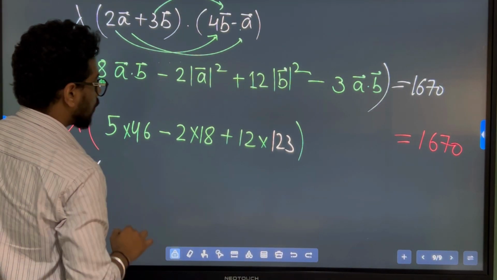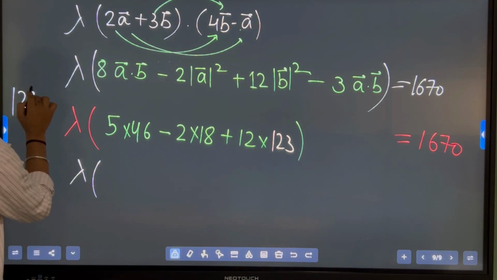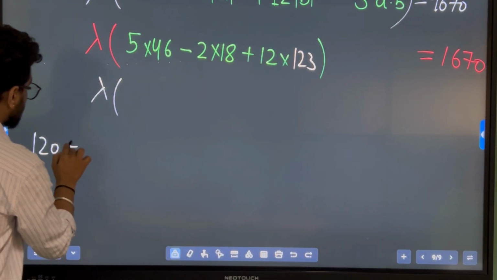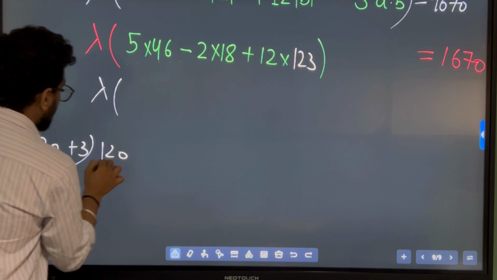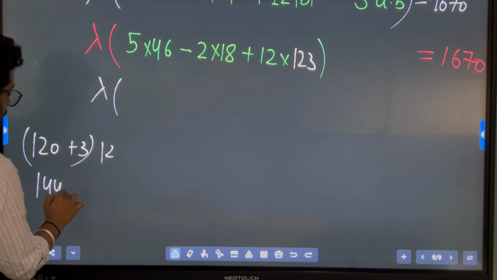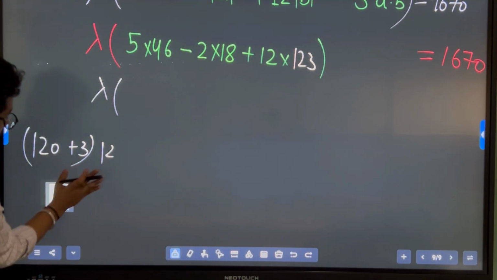So lambda times is equal to 12 into 123. How will I multiply 123? So 120 plus 3, into 12. 120 into 12 is 1440 and 12 into 3 is 36. So this becomes 1476.